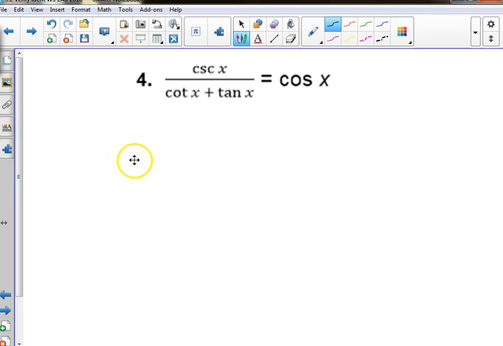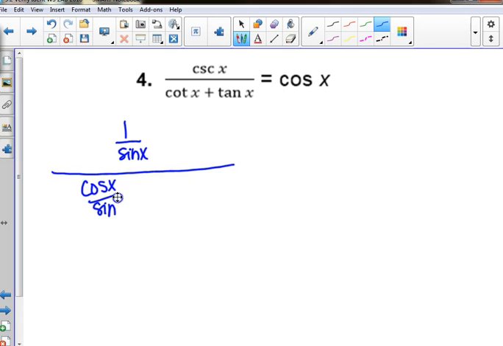Okay, what do you want me to do with the left side? Okay, so 1 over sine, right, is being divided by cosine over sine plus sine over cosine.